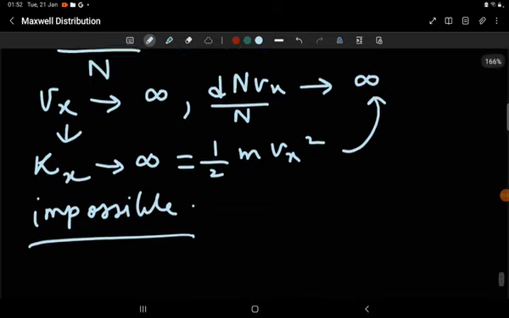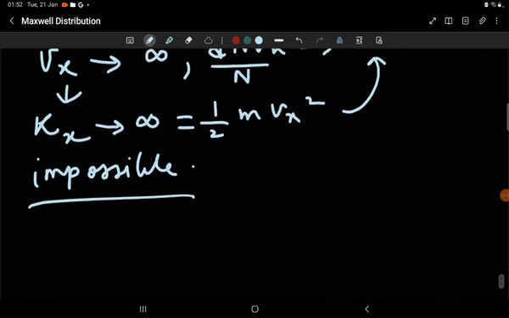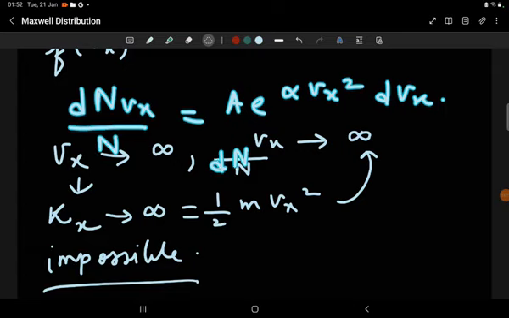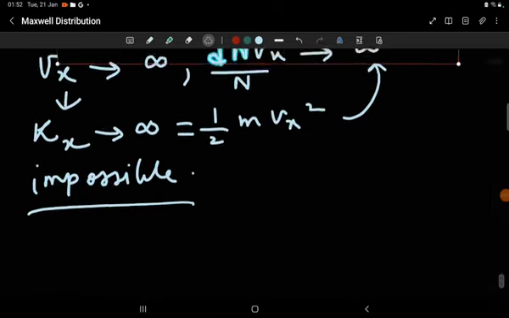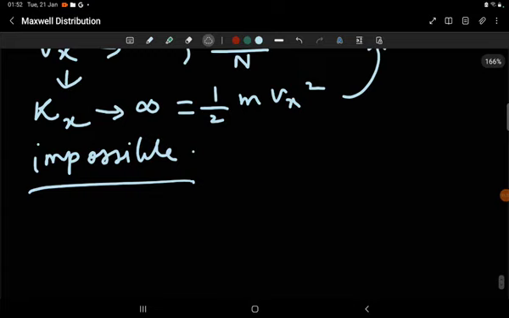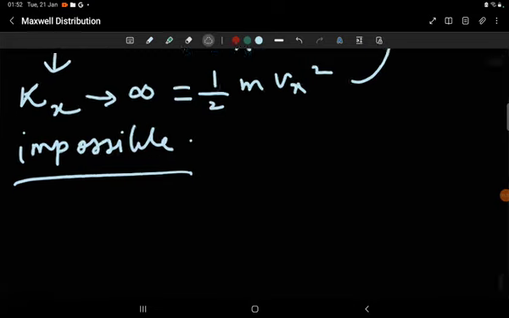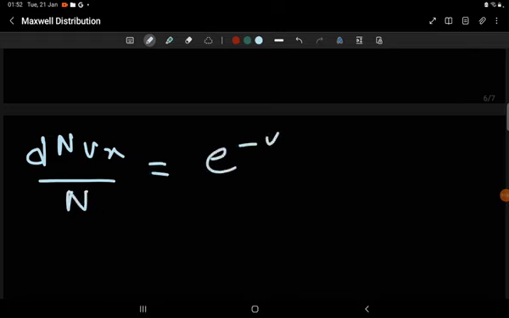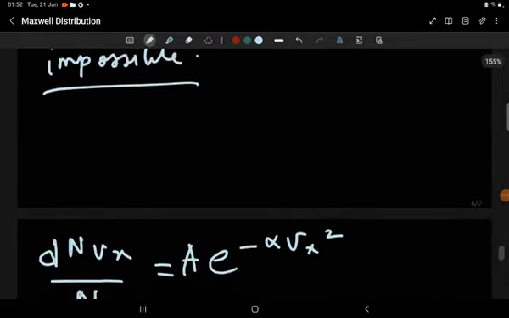And the first case is just the reverse. Let's write it again: dn vx by n is a e to the power minus alpha vx squared dvx.